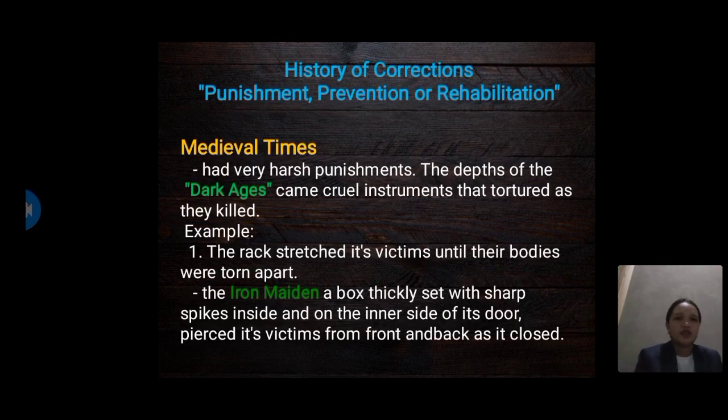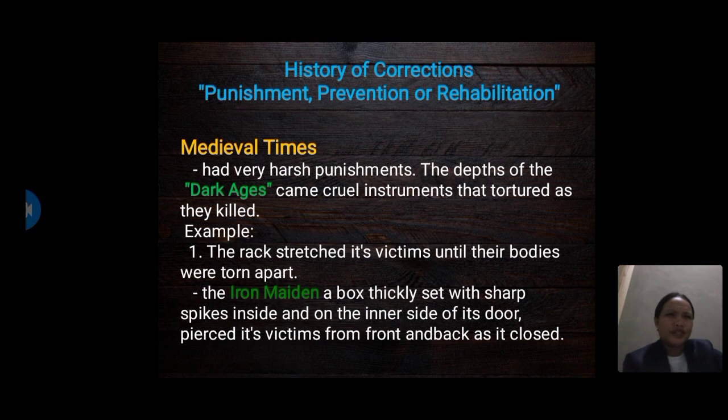Next, medieval times had very harsh punishment also. The depths of the Dark Ages had cruel instruments that tortured as they killed. For example, the rack stretched its victim until their bodies were torn apart.